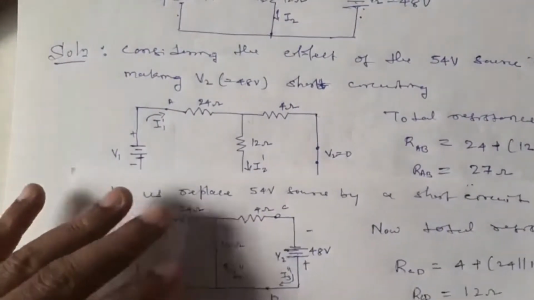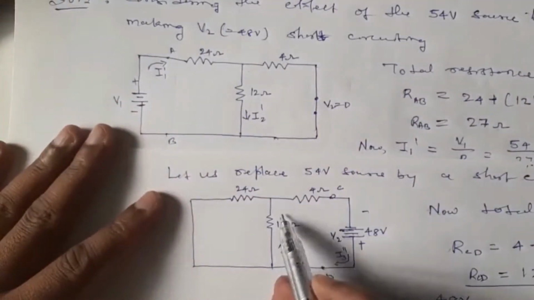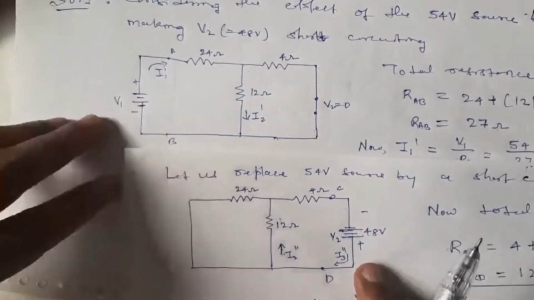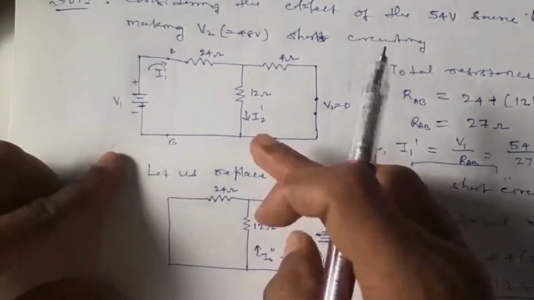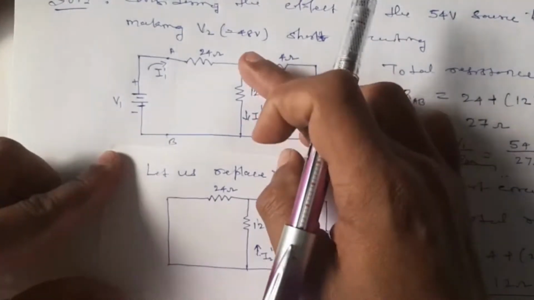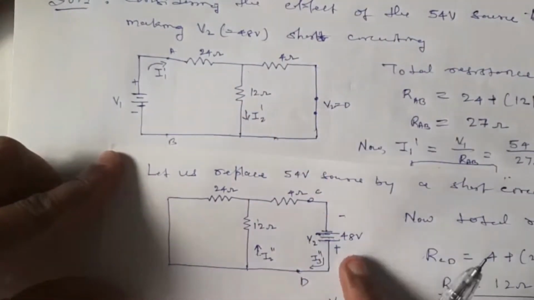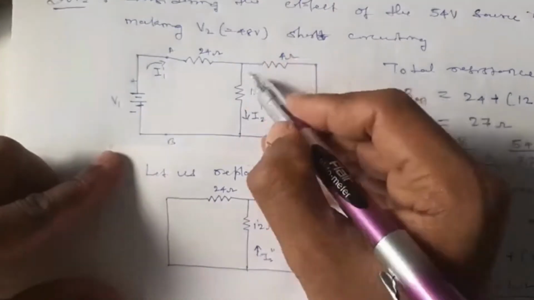When only V2 is present, we considered I2 double dash in the opposite direction. Obviously, if we add both the responses, this is only V1, this is only V2. During V1, the current through the 12 ohm resistor is from upward to down, whereas in the presence of V2, the current through the 12 ohm resistor is downward to upward.